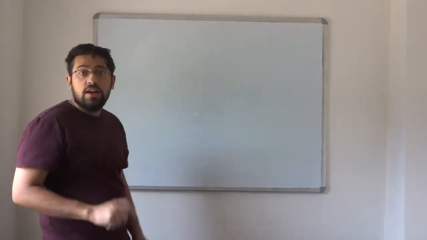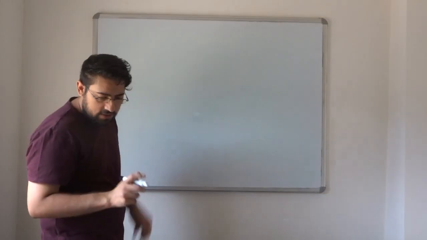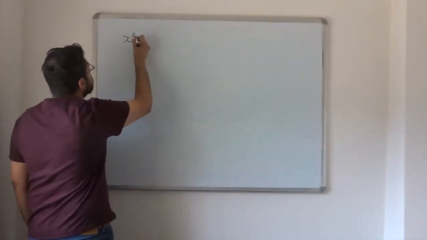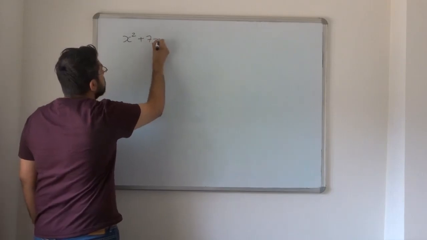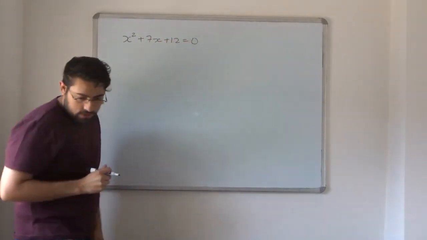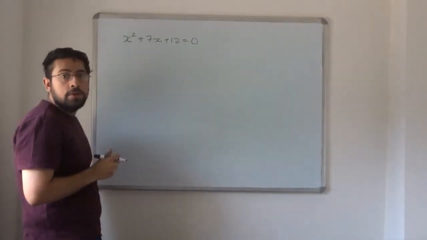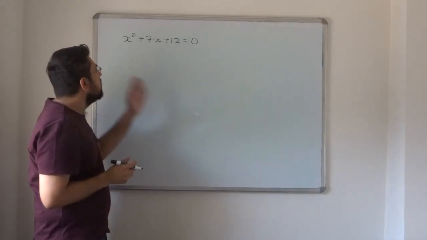Okay, so let's start with the first problem. It's a very simple, very easy problem. You have x squared plus 7x plus 12 equals 0. So this is the first example. Obviously it's very easy.